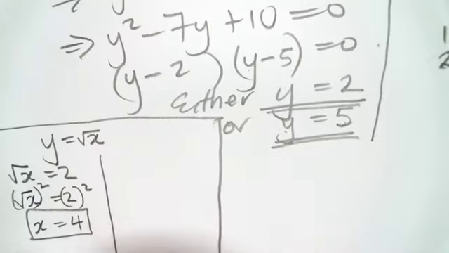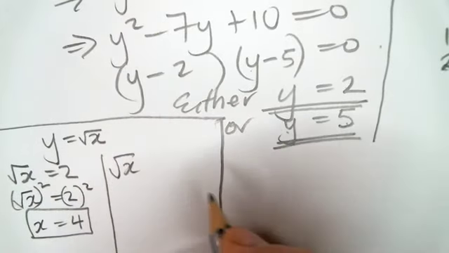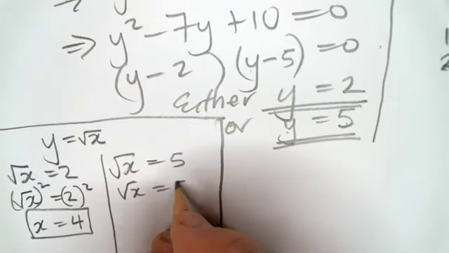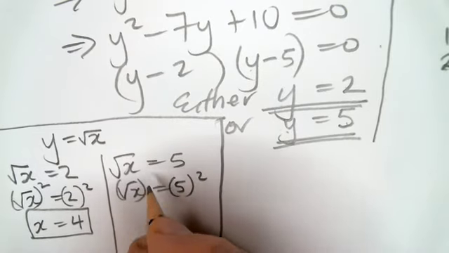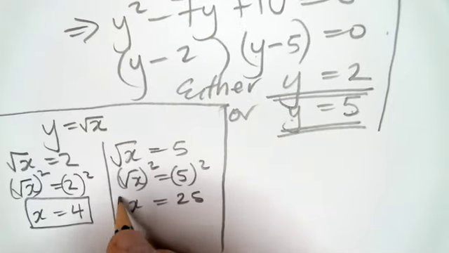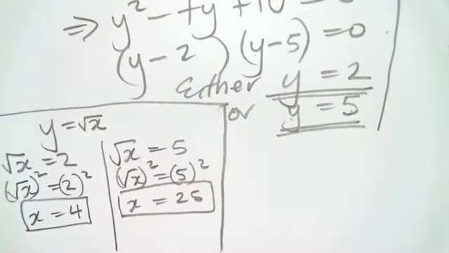Or the other side of that would be root x is equal to 5. And if I was to square both of those, we'd find that x was equal to 25.